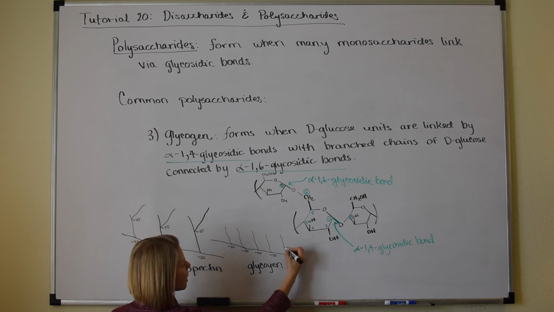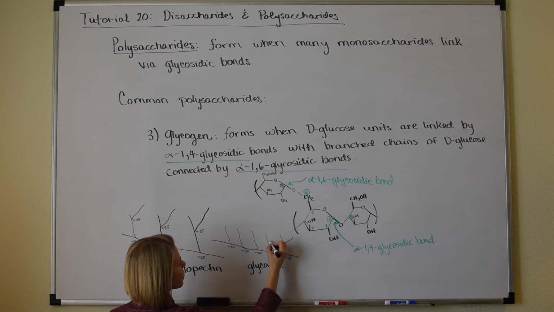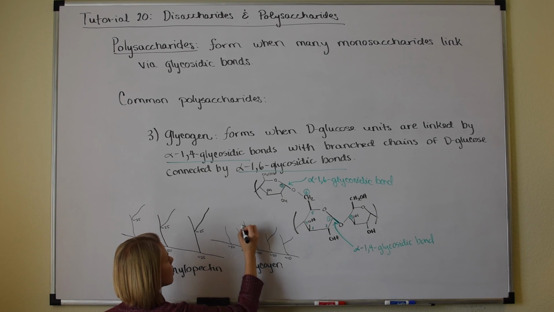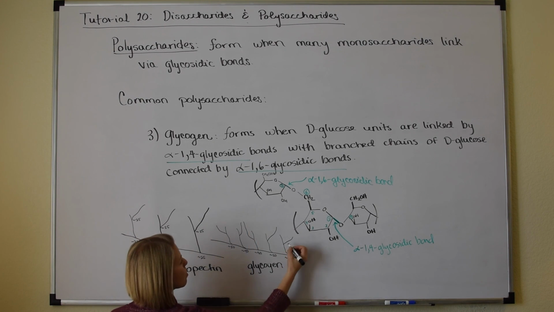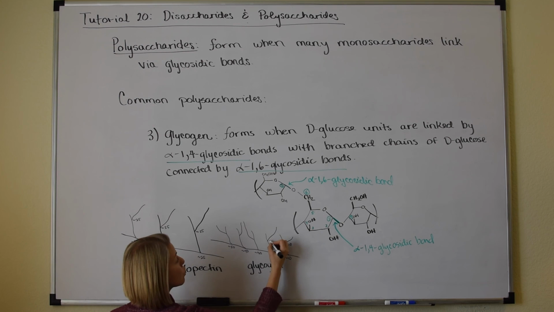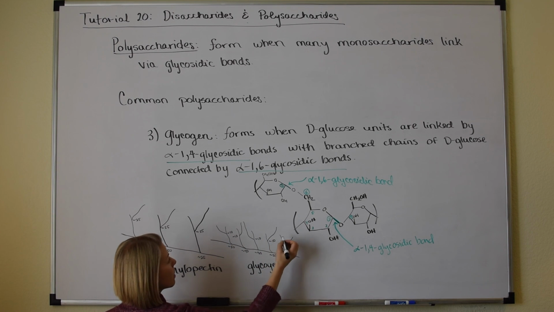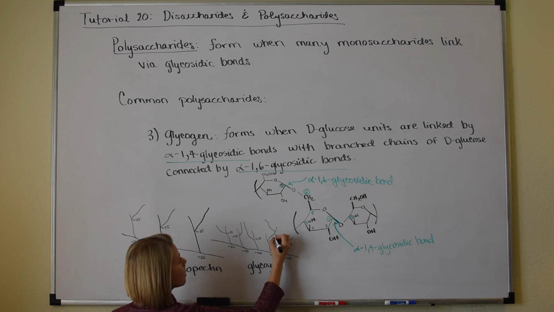And then off of these branches, you're going to have branches as well. About every 10 glucose units up the chain. And then even off of these. So about 20 from the start here.